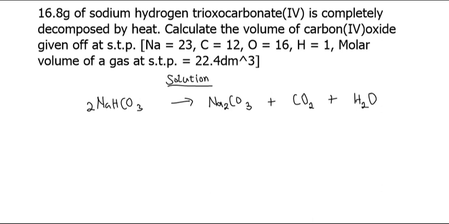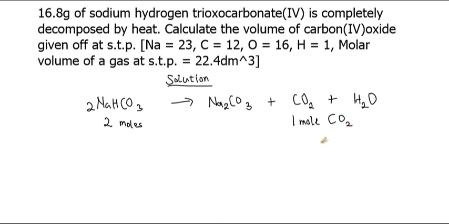Let's proceed. Amidst all the compounds listed here, the ones we'll be dealing with are just the substance that is being decomposed itself, that is sodium hydrogen trioxocarbonate 4, and the carbon 4 oxide gas that was given off. So from this equation we can state that we have 2 moles of sodium hydrogen trioxocarbonate 4 giving off 1 mole of carbon 4 oxide.